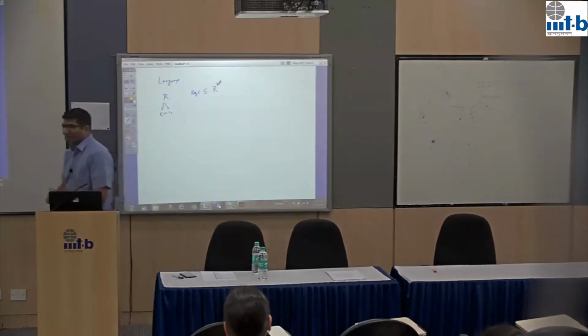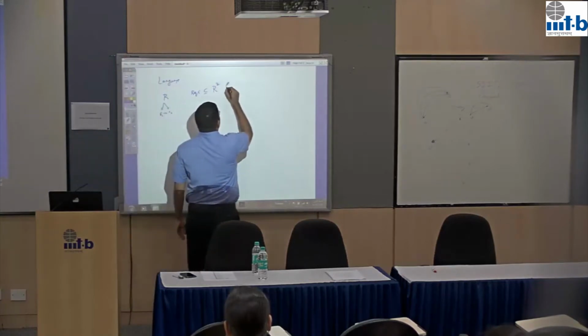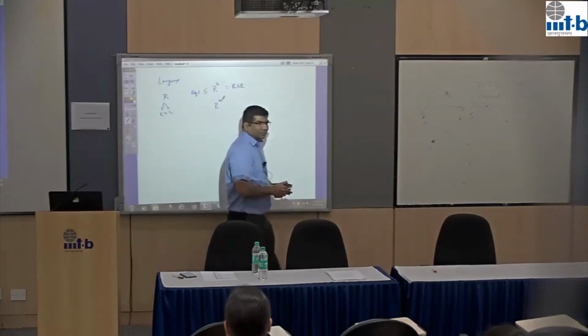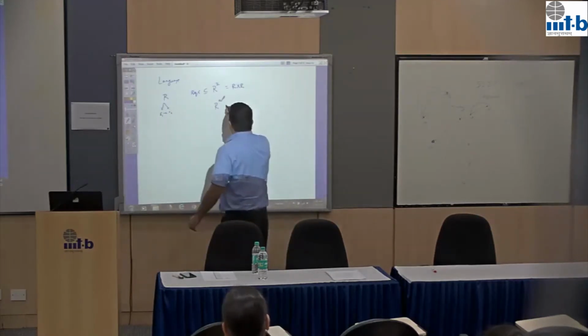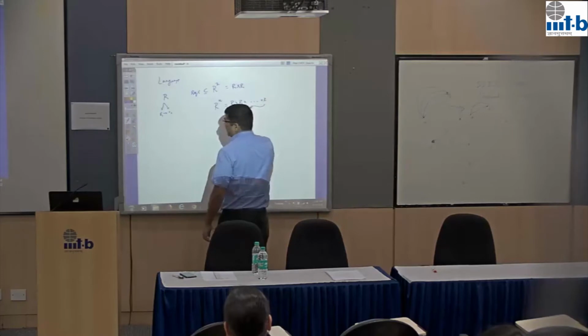What is R square? R cross R. And what is R to the n? It is basically R, n number of times like this.